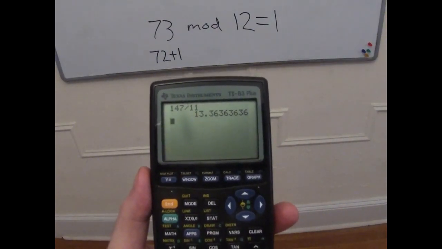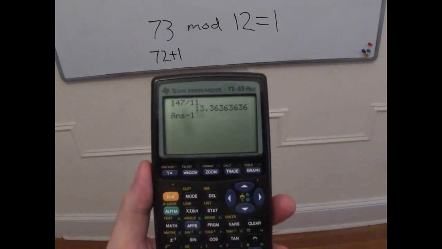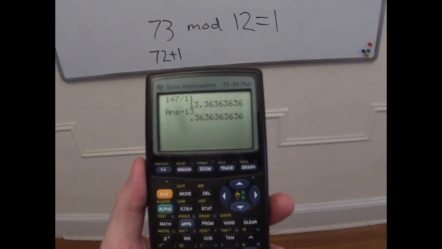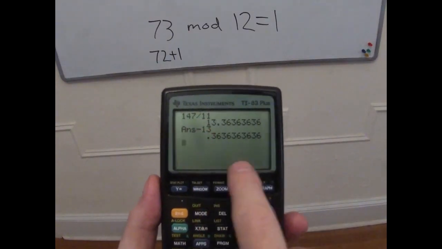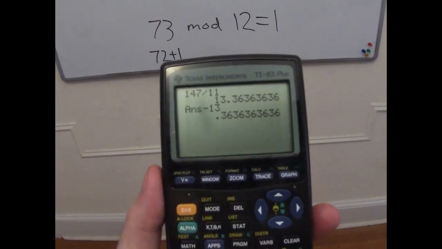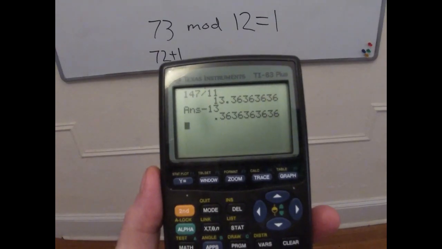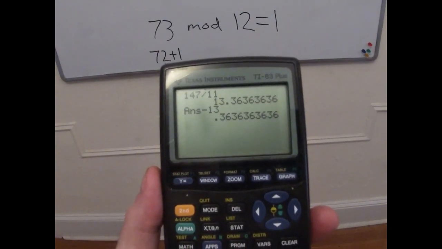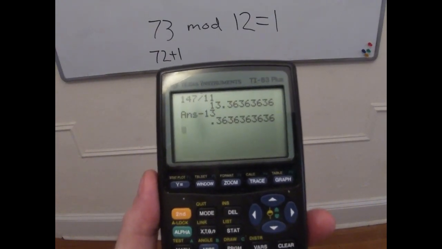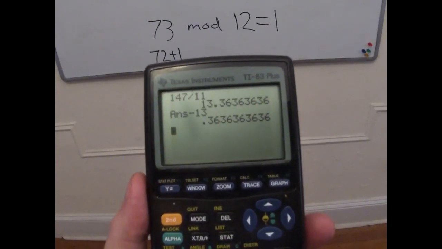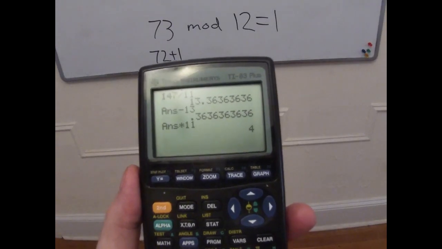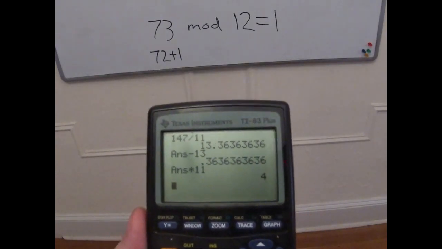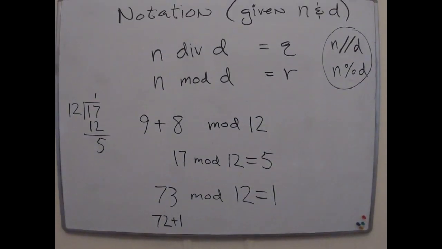So what you need to do is just take away the whole number part of that and get just the decimal part, and then multiply this by 11, because that decimal that we're looking at there, that's really the remainder divided by 11. So if I times this by 11, I get a whole number. So in this case, let's return to the board.